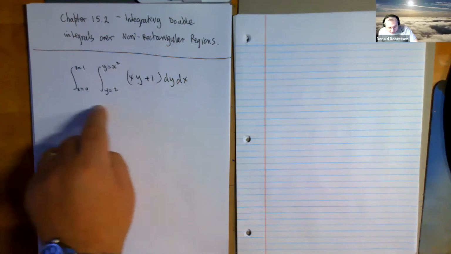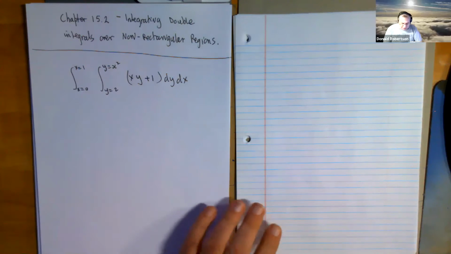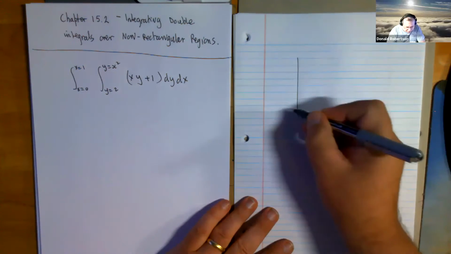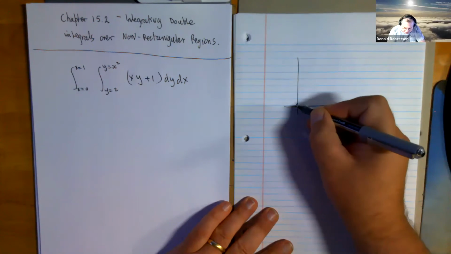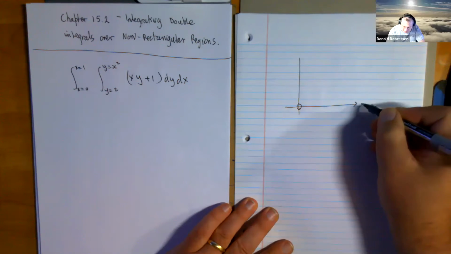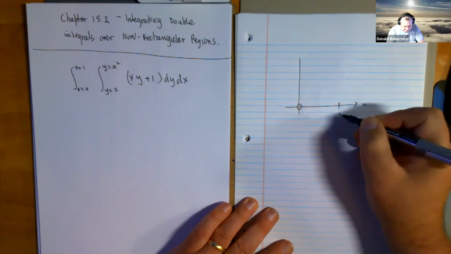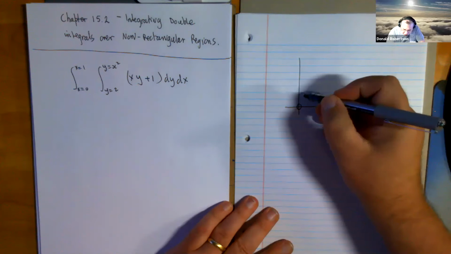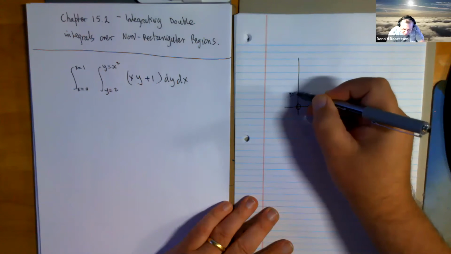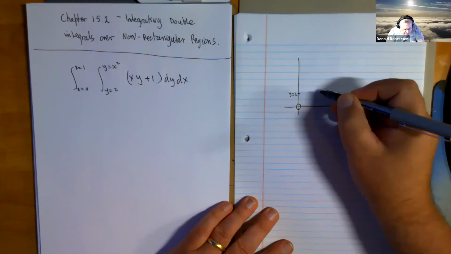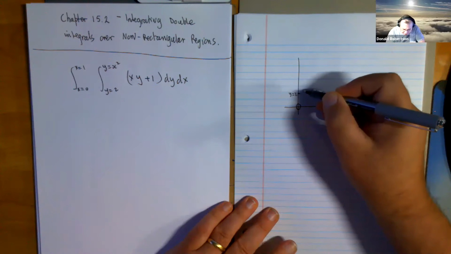If you wanted to know what this is, you don't need it for the question, of course, but you could probably construct it. x goes from 0 to 1, and y goes from y equals 2 to y equals x squared.